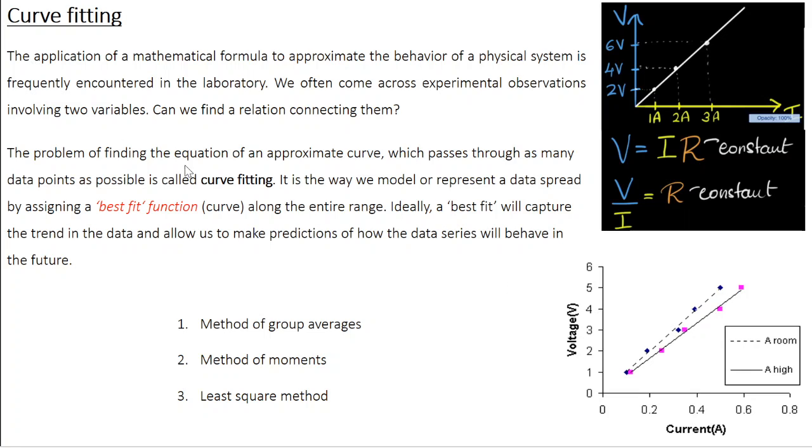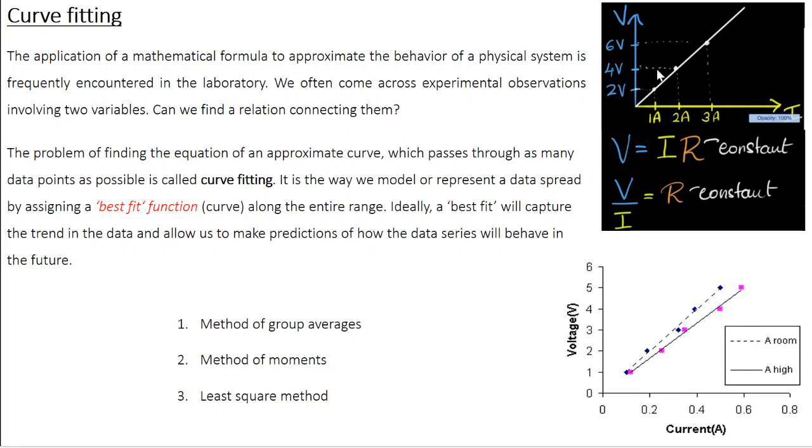So the problem of finding the equation of an approximate curve which passes through as many data points as possible is called curve fitting. In other words, curve fitting is the way we model or represent a data spread by assigning a best fit function or best fit curve along the entire range.